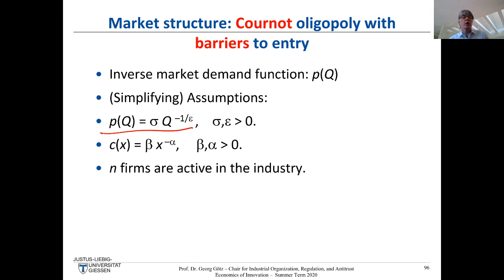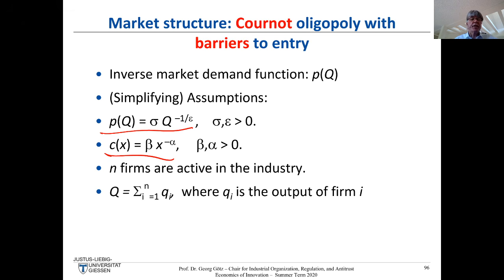I showed you the functional form of this isoelastic demand curve, and also just a minute ago and also last week, the functional form of this R&D cost function. X is our expenditure, C is the resulting marginal or variable unit production cost.